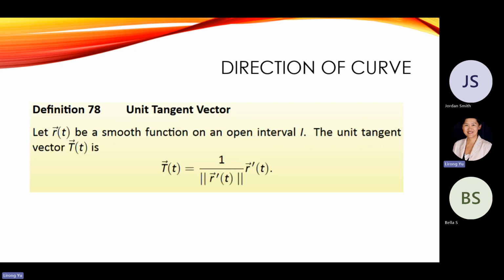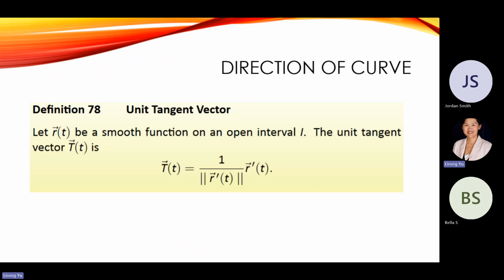This is how the textbook is handling things. Instead of explaining the reasoning behind it, we go ahead and start with the definition. This is a term that defines the direction of the curve. I mentioned the tangent vector. The tangent vector is the derivative vector.